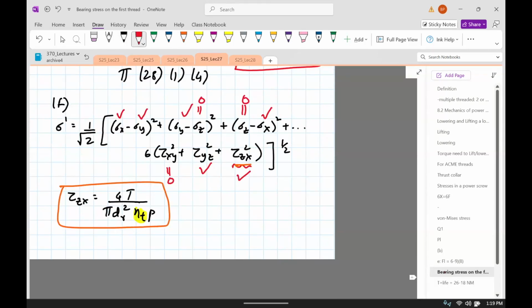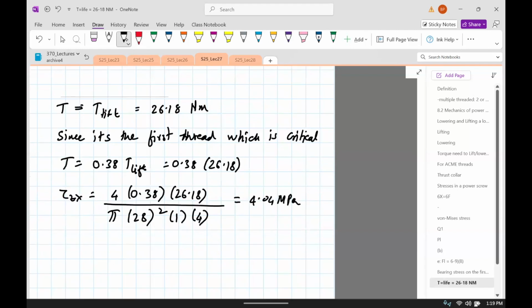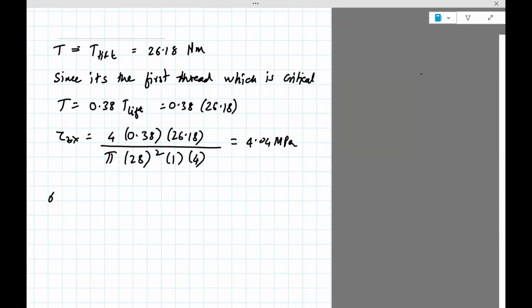With this, we are actually ready to substitute in this equation. We have now obtained tau zx. So the last step is computing the von Mises stress.